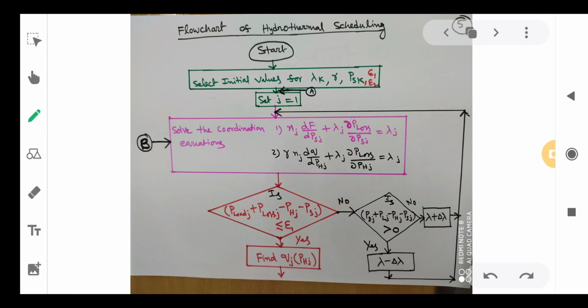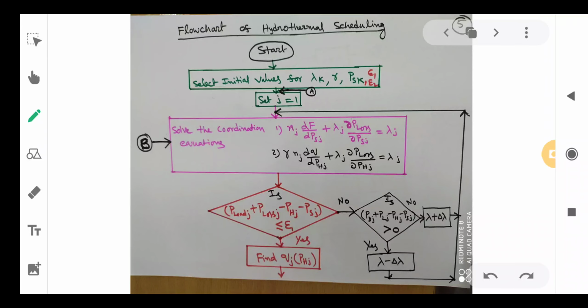Set j is equal to 1, count is equal to 1. Now solve the coordination equations including the line losses. When line losses are neglected, this term will become 0. The second term will become 0.